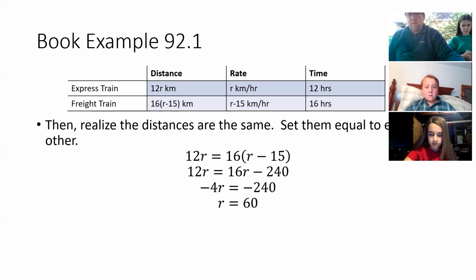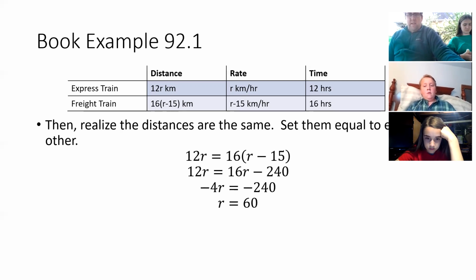12 times R is 12R, and 16 times the quantity R minus 15. Now, since they went the exact same distance, it means the distances are the same, right? They went the exact same route.